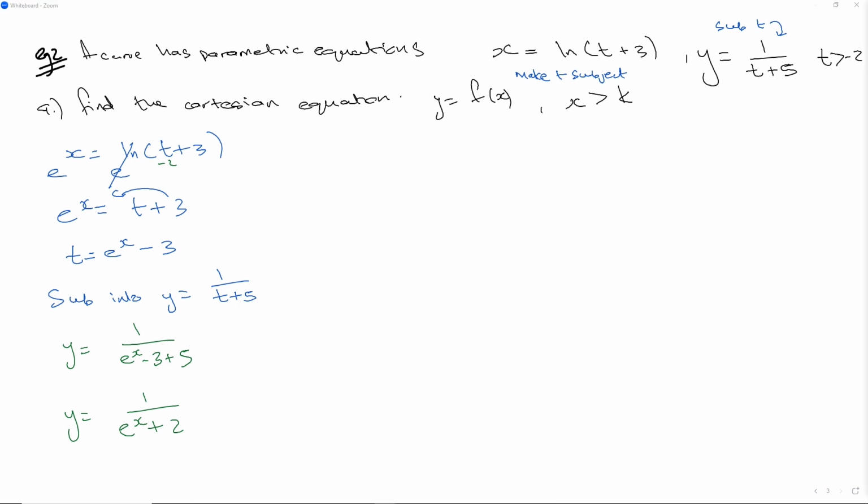In the original part of this question, we were told that t is greater than negative 2, and that is what we're going to use to get the domain and the range.